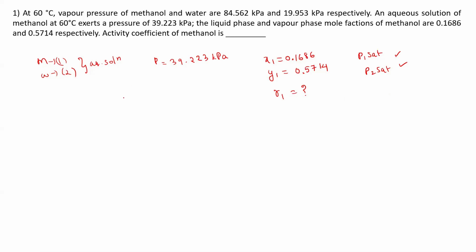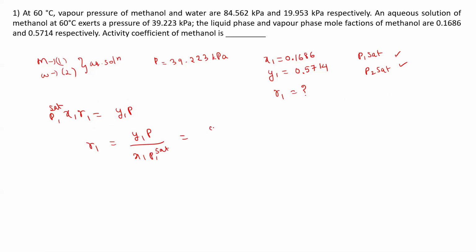Now we have the phase equilibrium relation, which is x1 gamma 1 P1 sat is equal to y1 P. Now we get gamma 1 is equal to y1 P by x1 P1 sat.